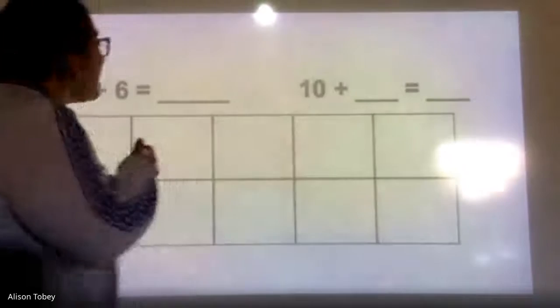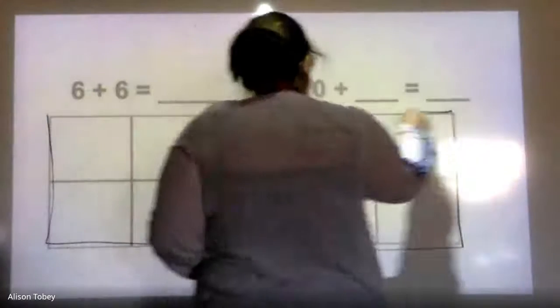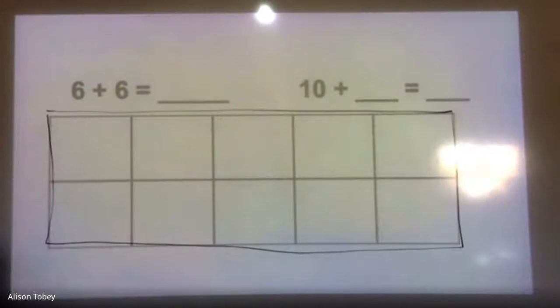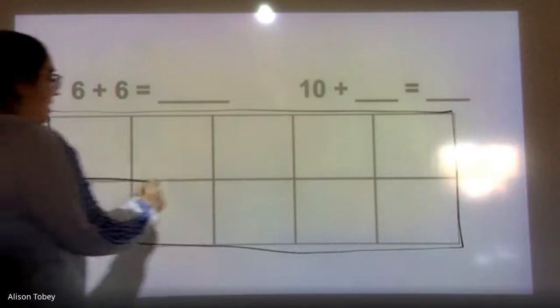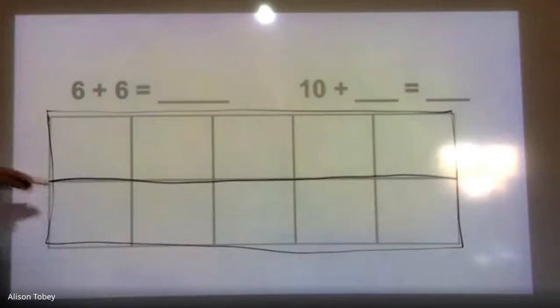The first thing you're going to do is draw a rectangle. Then you're going to draw a line in the middle, like that. So a rectangle with a line through the middle.